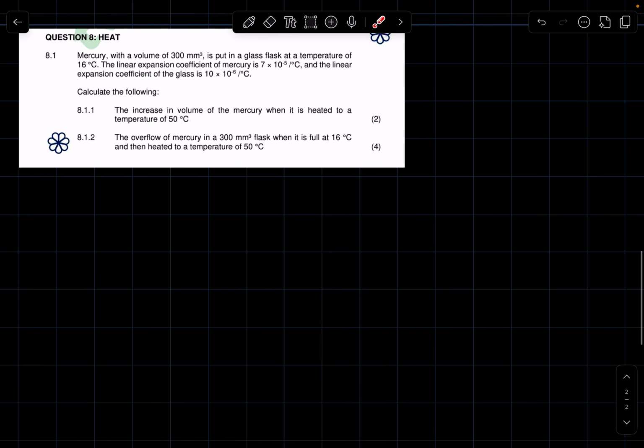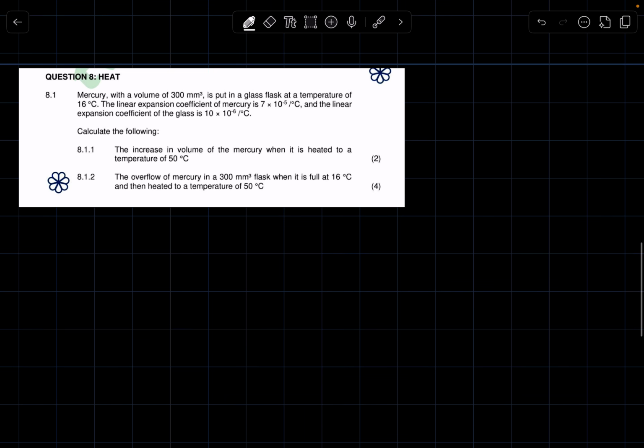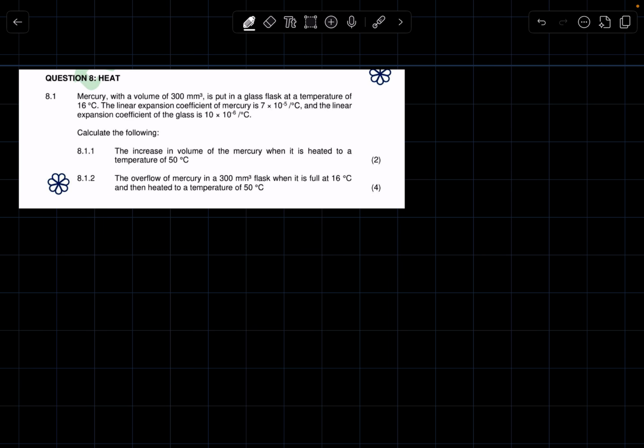Now let's look at this one quickly. It reads as follows: mercury with a volume of 300 cubic millimeters is put in a glass flask at a temperature of 16 degrees.